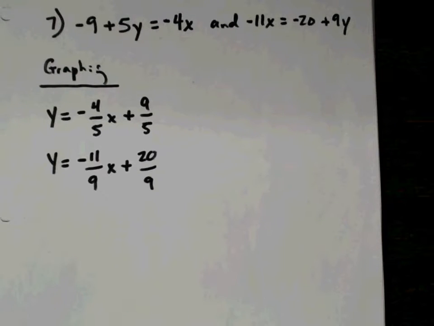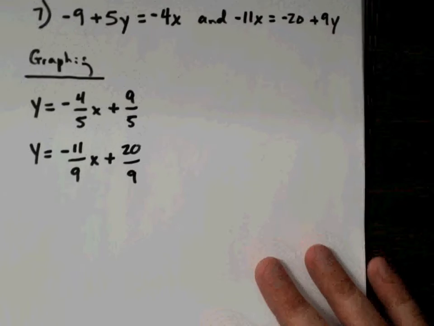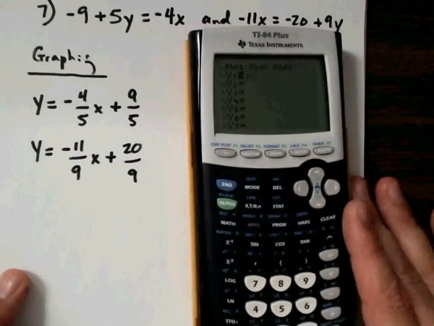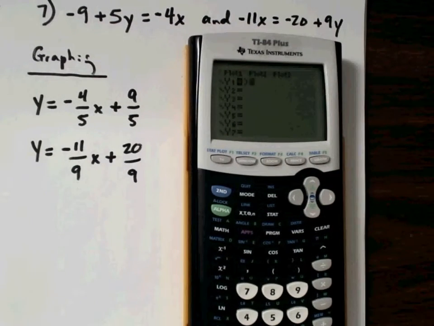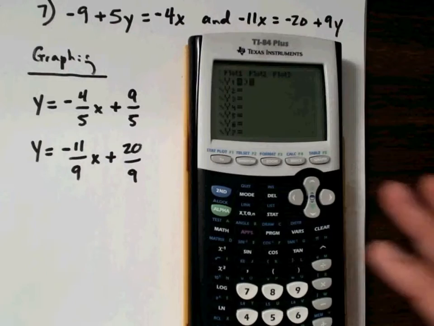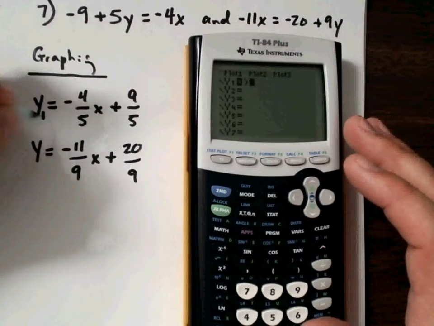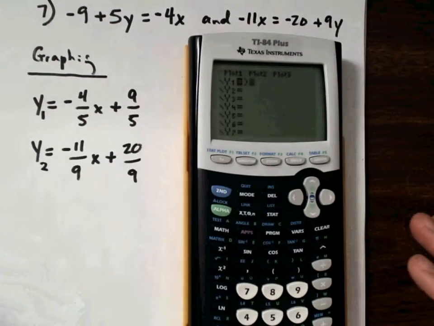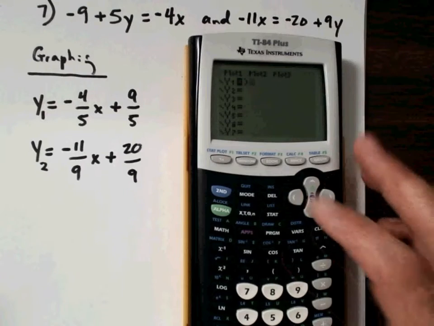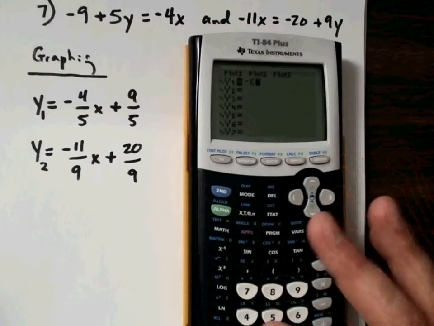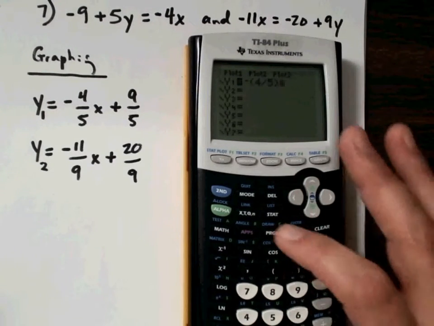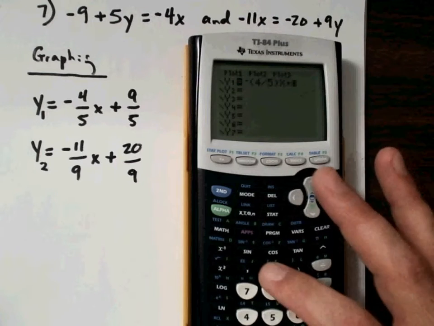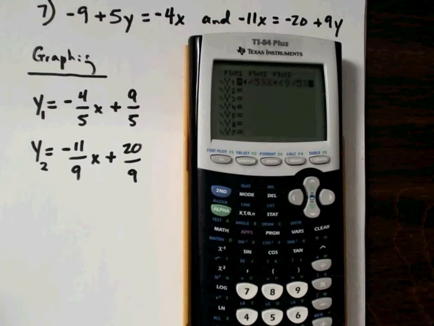All right. And so, since I have that, I'm going to put this in my calculator, and I'm going to find the point of intersection. All right? And so the first one, this is going to be my y1, this is going to be my y2, so I'm going to go negative parentheses 4 divided by 5 close parentheses x plus parentheses 9 divided by 5 close parentheses.